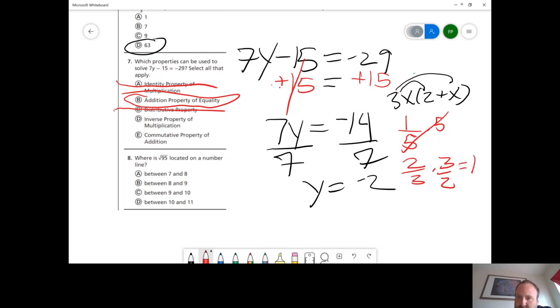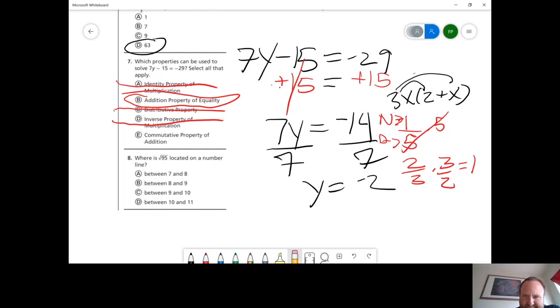You're multiplying by the reciprocal, which is taking the fraction and flipping it over, where the numerator and denominator take opposite positions, if you can think of it that way. Numerator is the thing on top here. Denominator is the thing on the bottom. So numerator, denominator. So we didn't do anything like the inverse property of multiplication.